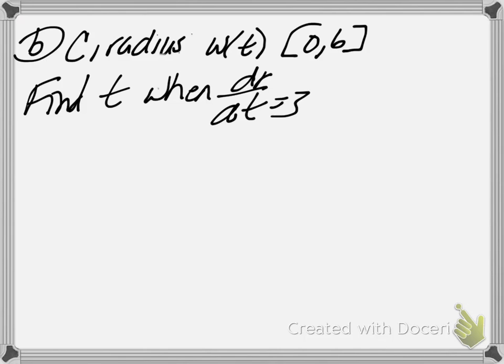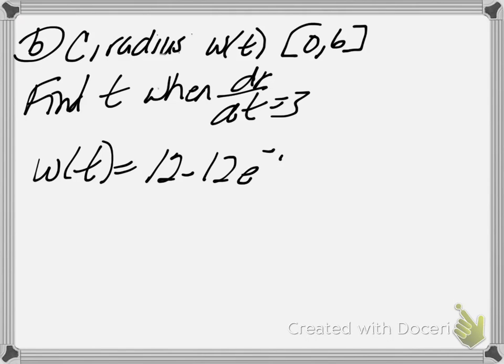Okay, so what is dr over dt? We're going to do this a little bit differently. They gave us w of t, and if you want the derivative of w, then isn't that just w prime? So if w of t, I'm going to write out the whole thing now, is this, then we can find w prime of t pretty easy.